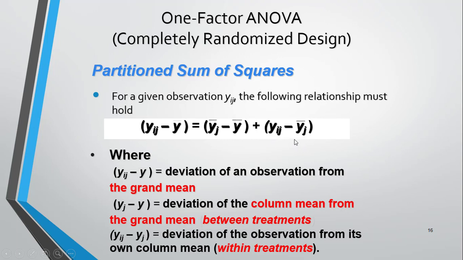And this one, Yij minus Yj bar, is the deviation of each observation from its own column mean, within the same treatment group. We call that within treatments. So the deviations can be separated into two parts, between and within.